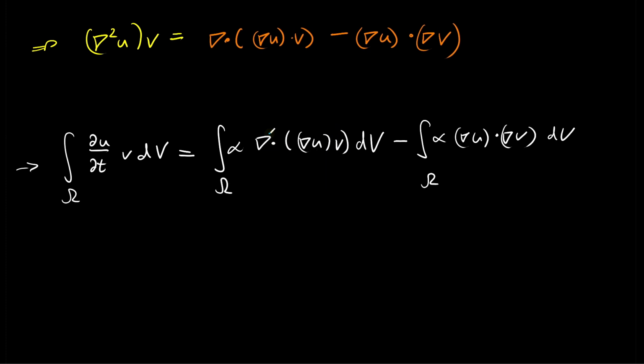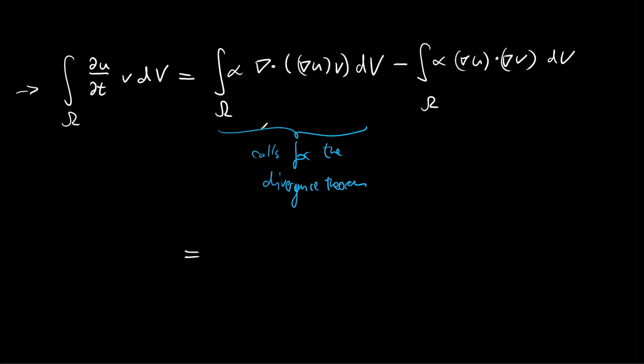So this one is the divergence of a vector field integrated over a domain. Well, that calls for the divergence theorem. If that doesn't say much to you, no worries. This is just a trick for us in order to identify that this integral will vanish. In essence, our right-hand side transforms.